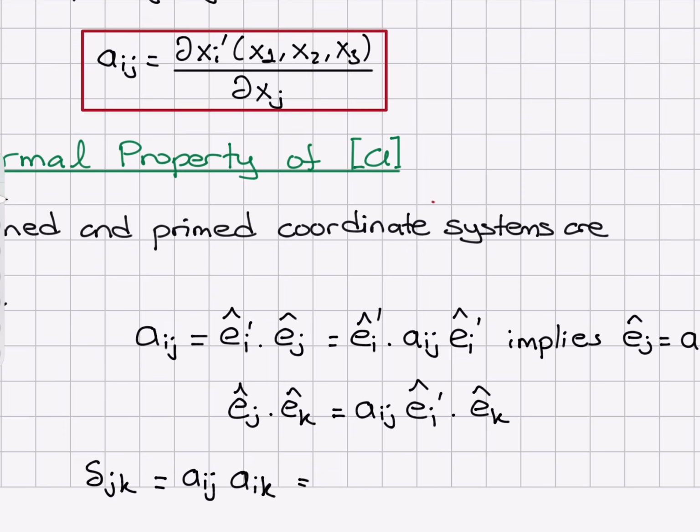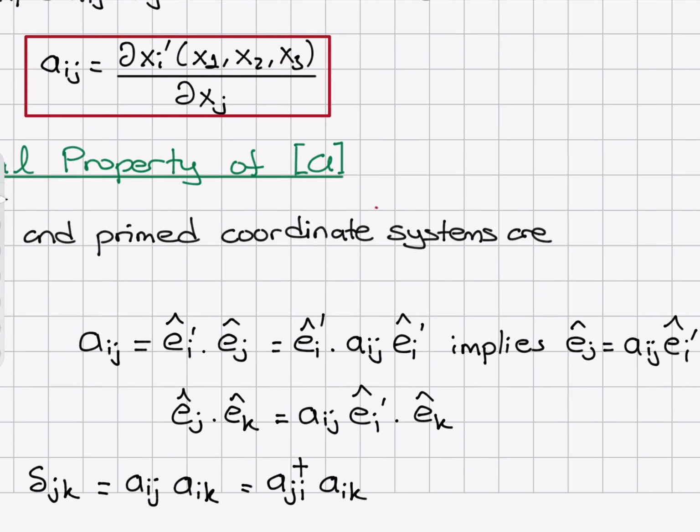Aik. Now, Aij is actually A transpose Ji. So that means, transpose means we have to switch the order of the indices I and j. So A transpose Ji multiplied with Aik.